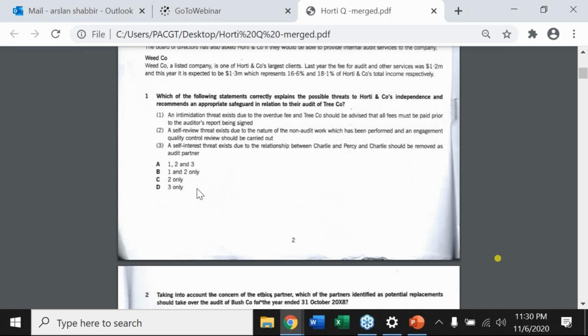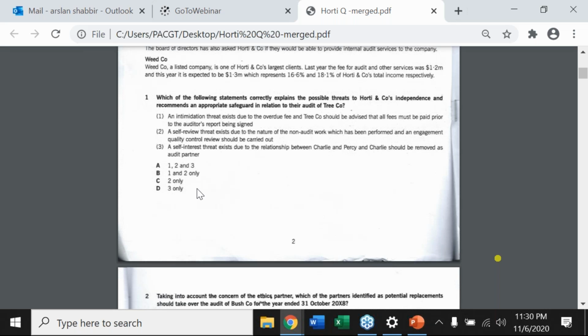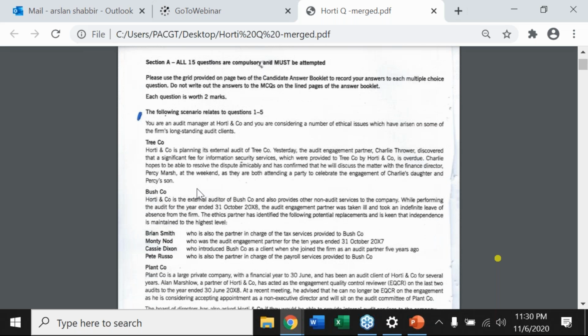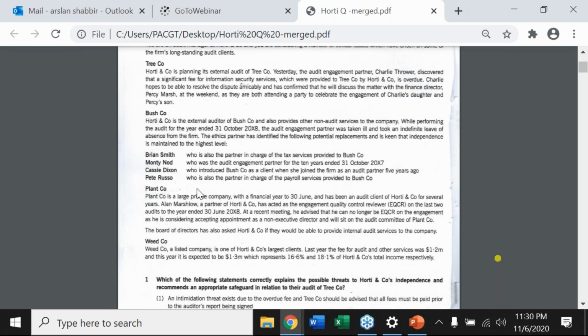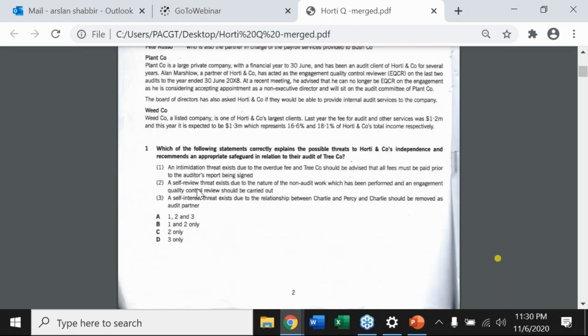They are providing the information security services, which do not have any link with the audit. So it does not have the self-review threat.